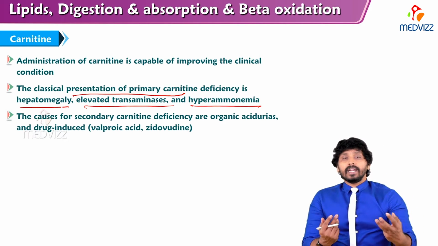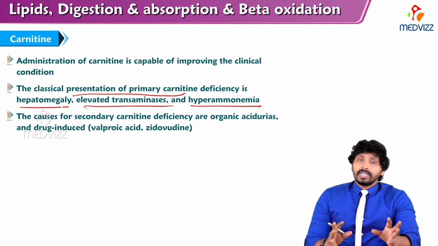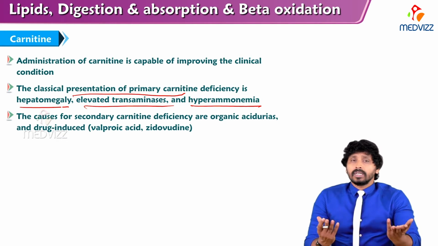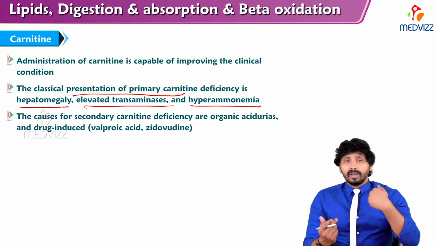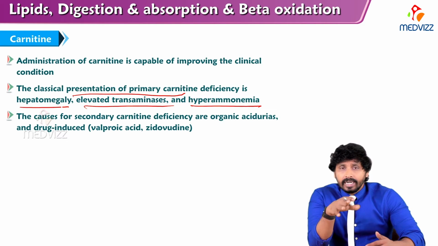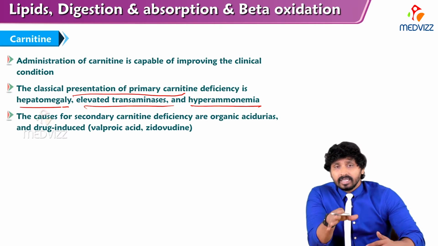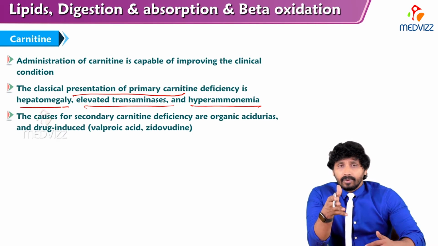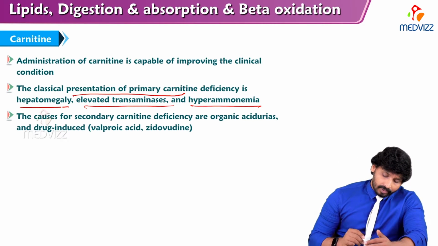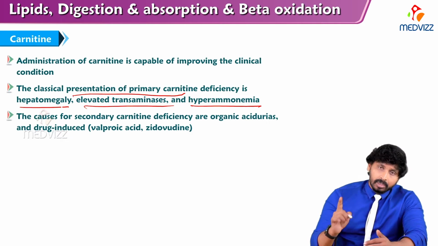Lysine and methionine are involved in making carnitine. As carnitine is not being made, these amino acids accumulate, leading to elevated transaminases like ALT and AST. This is mainly because the synthesis takes place in the liver. So transaminase elevation also indicates carnitine deficiency, and hyperammonemia is also one of the reasons.